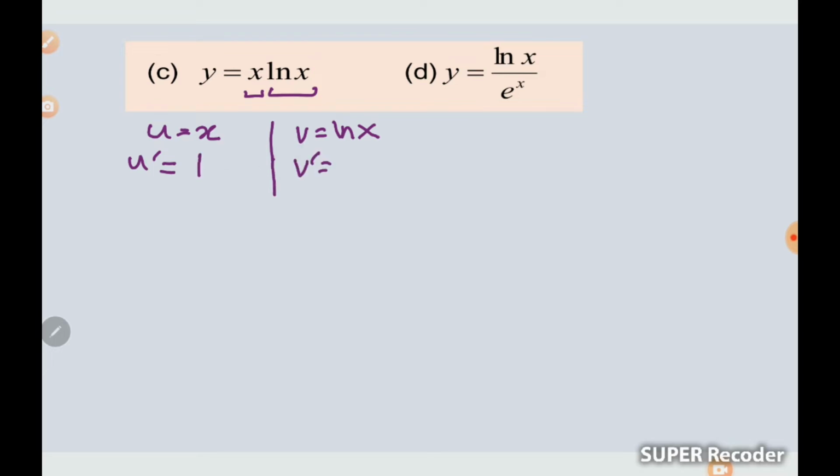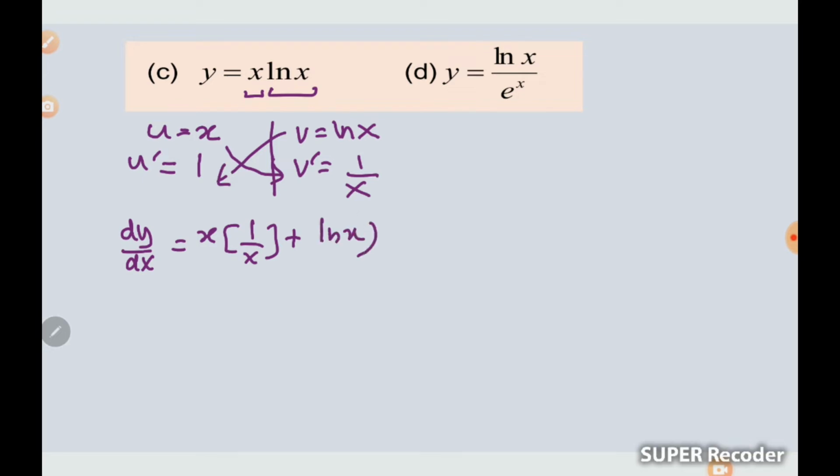Differentiate v prime, differentiating ln x, we have learned just now, is 1 over x. So dy/dx is equal to u v prime, x multiplied with 1 over x, plus v u prime, ln x multiplied with 1. So the answer is 1 plus ln x.